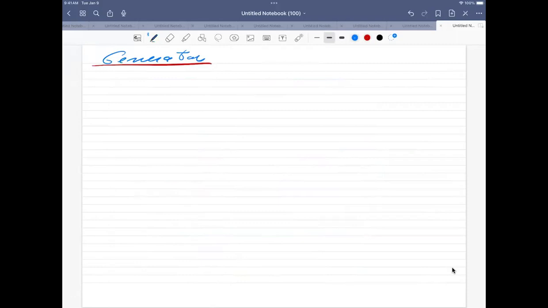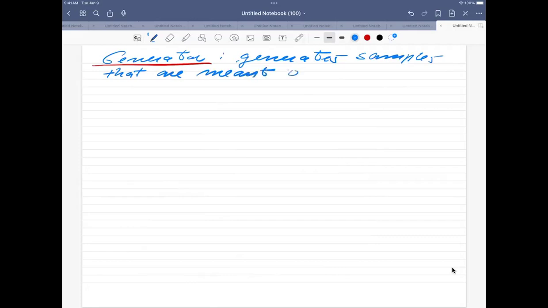As I said, this model generates samples which are intended to resemble those from the training set.